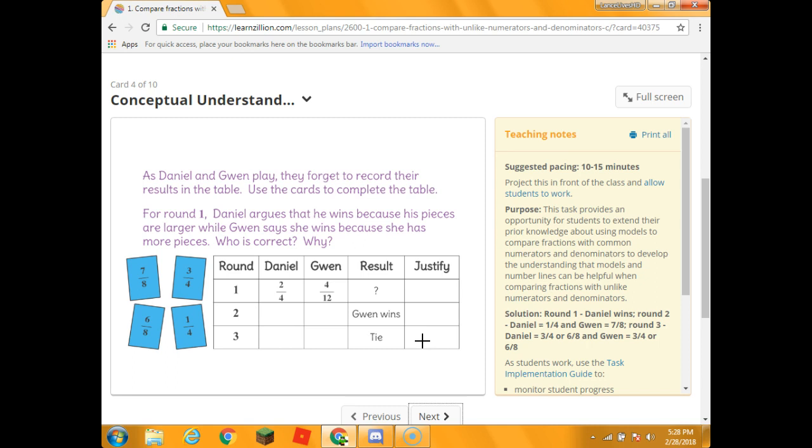So I would say when Gwen wins is when Gwen has 7/8 and Daniel has 6/8. That is when Gwen wins. And of course, the obvious one is when it's a tie. Wait.